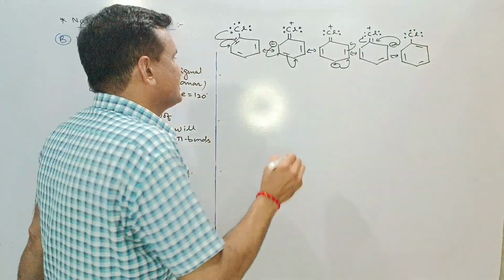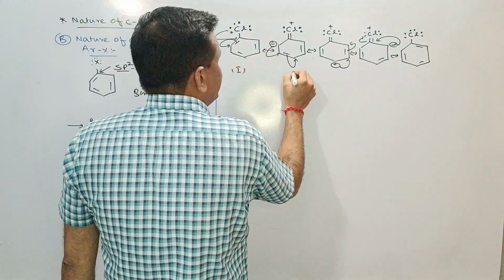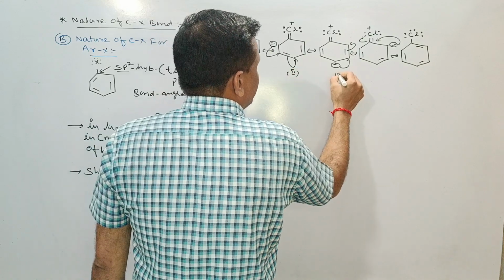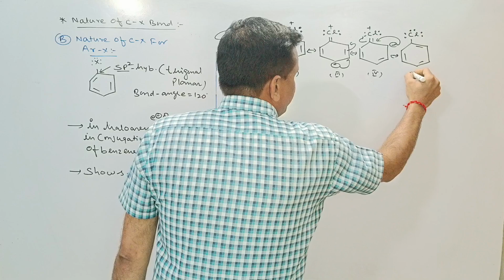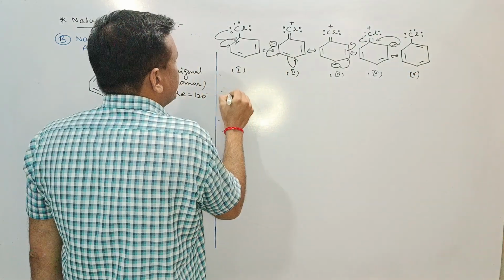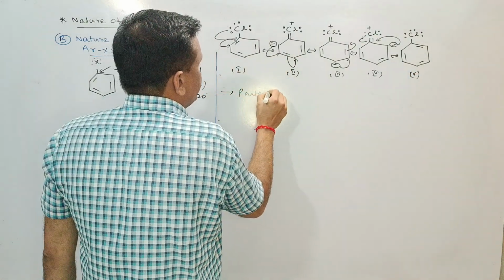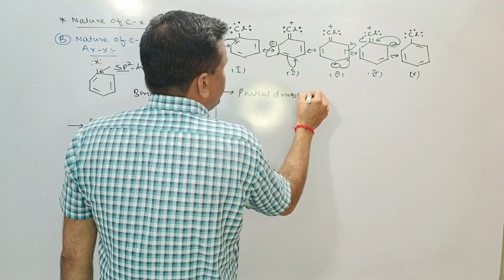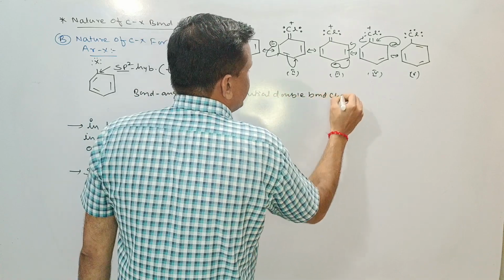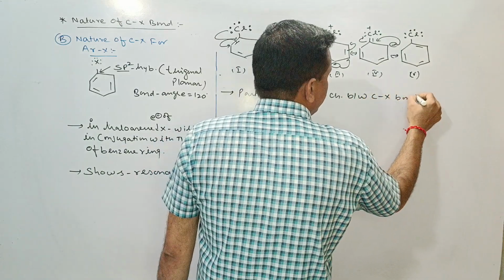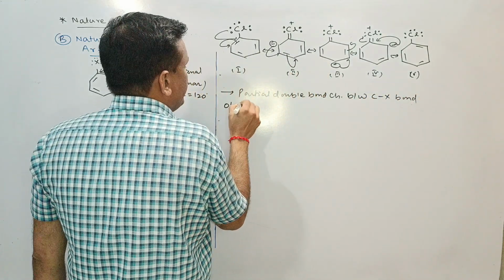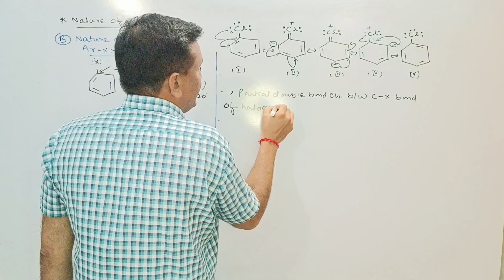From these five canonical structures, what can we say? We can say there will be partial double bond character between the C-X bond of haloarine.